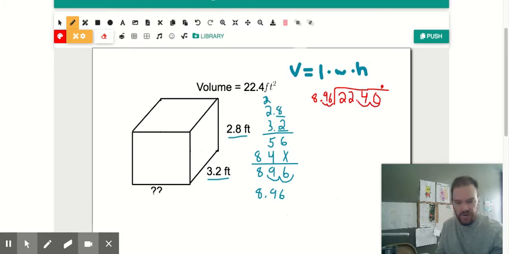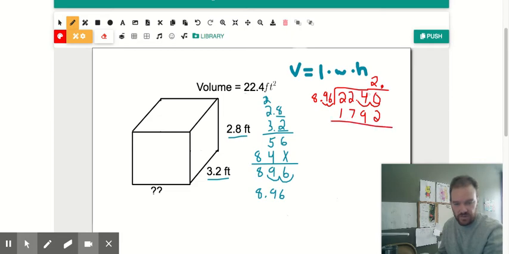I don't think I'm going to be able to get anything else in there, so I'm going to say 2. So 2 times 896 gives me 1,792, and I'm going to subtract that.